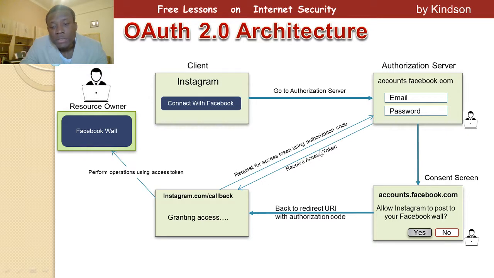So you can use this access token to post to the Facebook wall. Not for Instagram to access your profile, not to change your password or access certain other information or to delete your post, but just to post to your Facebook wall.